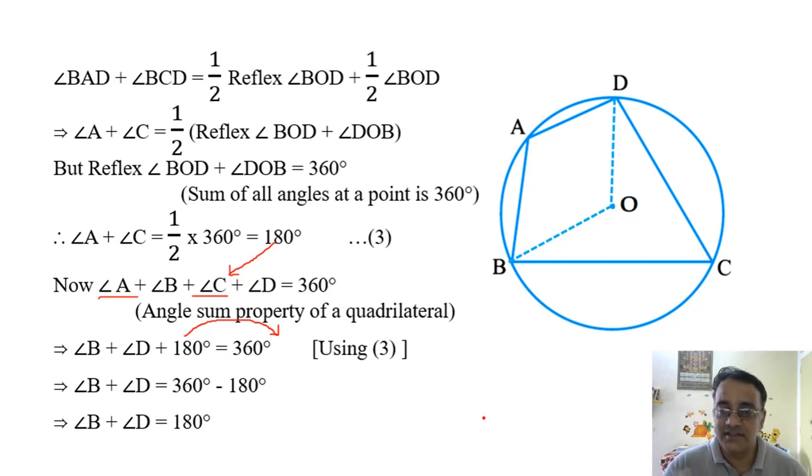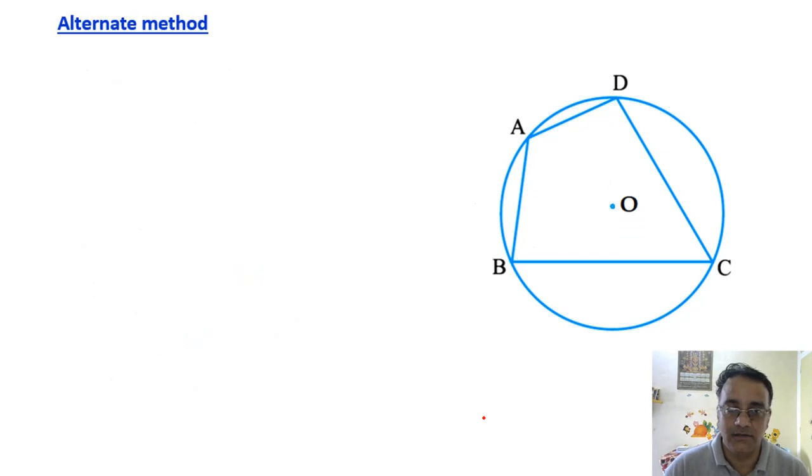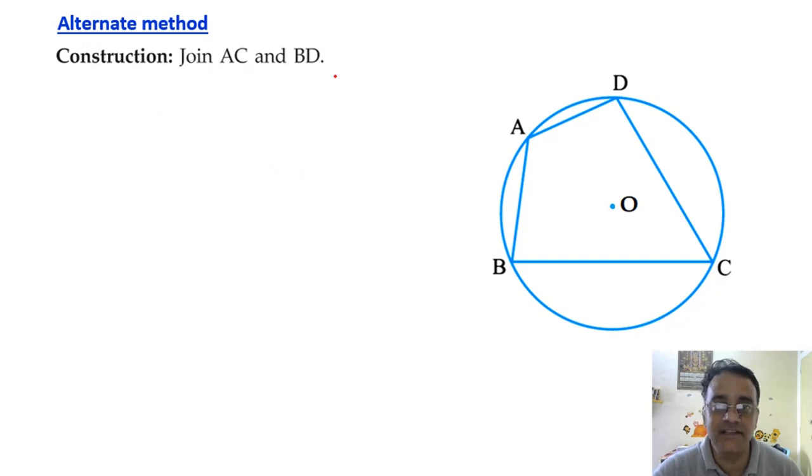ठीक है. The same theorem, now I am going to explain by the alternative method. दूसरा method मैं explain कर रहा हूँ. ध्यान से देखो. So what we will do in this alternative method, first we will join AC and BD. ध्यान से देखो, AC और BD को join कर रहे हैं हम लोग.